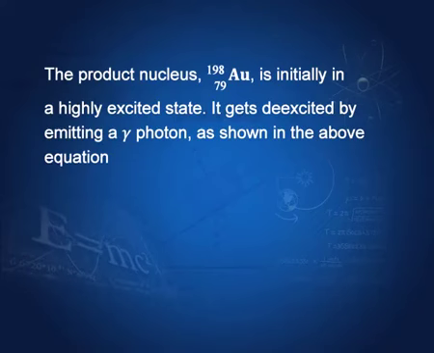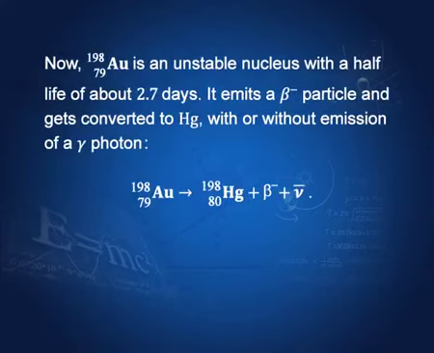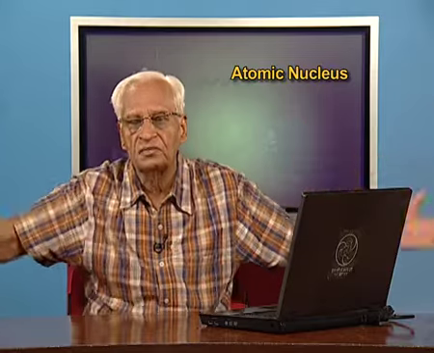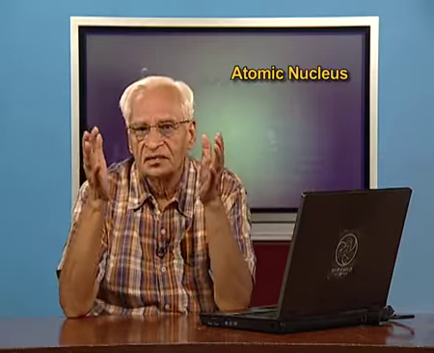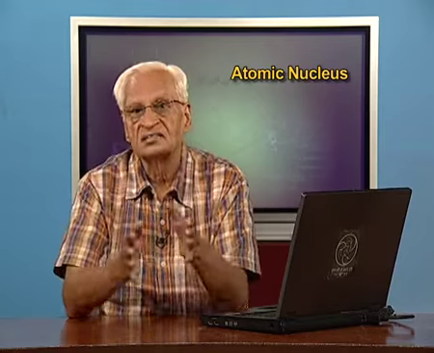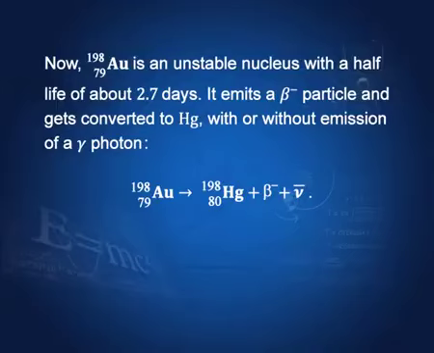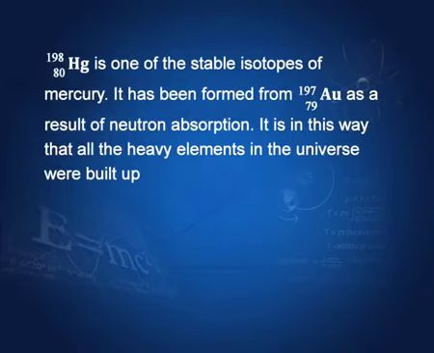Now, the gold Au 198 with atomic number 79 can also decay. I told you that if there is a large number of nucleons present in a nucleus, then the nucleus tends to be unstable. So, this gold nucleus 198 is unstable, therefore it decays by emitting a beta particle, and this is the equation.